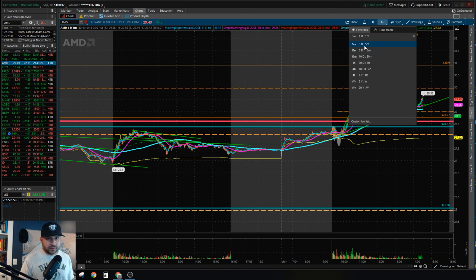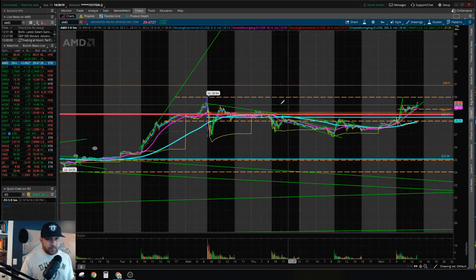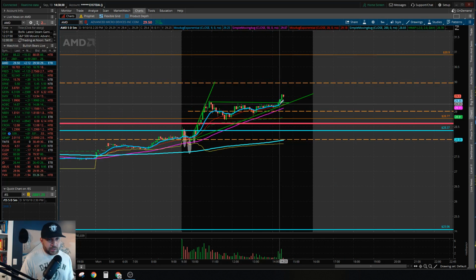It's just a complete beast. High momentum stock. You've got 29.94 to watch out for. That was the high of day last week. So maybe that gets hit today. Obviously want to get a good entry. This is not a good entry up here on a 5 minute chart.